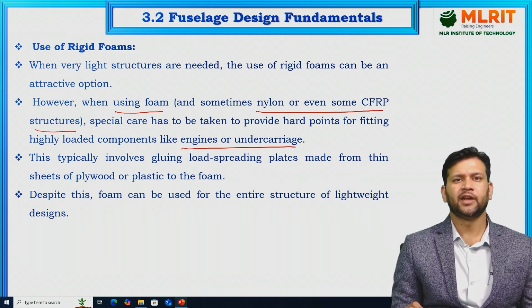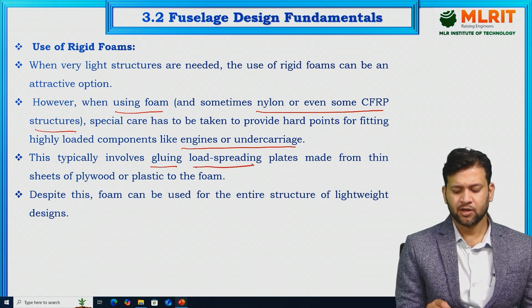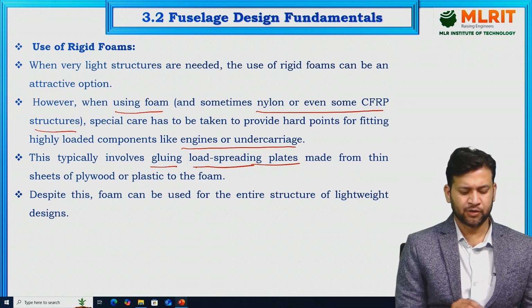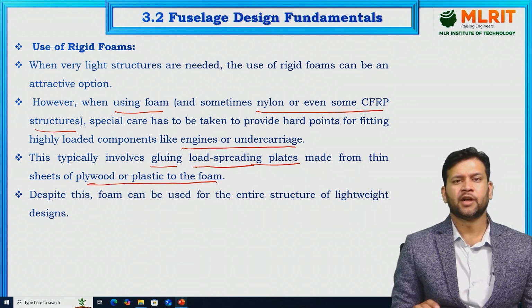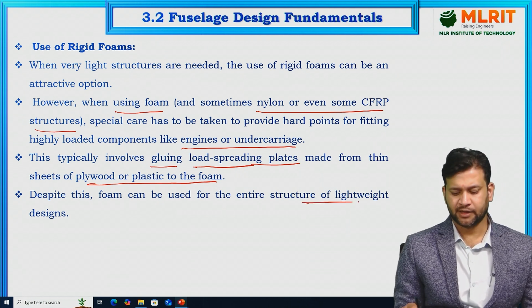This typically involves gluing load spreading plates made from thin sheets of plywood or plastic to the foam. Despite this, foam can be used for the entire structure of lightweight design.